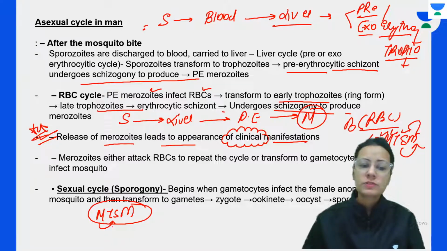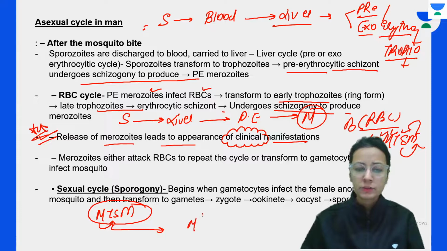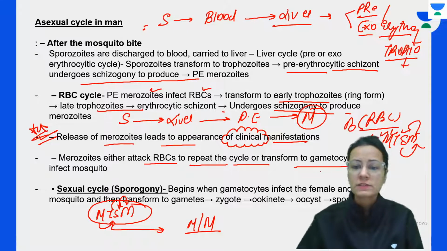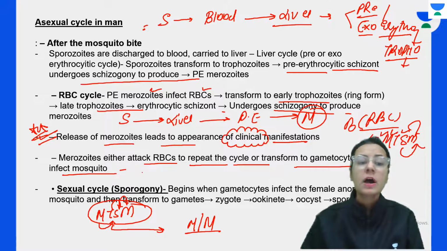The early trophozoite converts to the macro and micro gametocyte, and the late trophozoite converts into the schizont, producing merozoites, and this is how the cycle continues. Merozoites either attack the RBCs to repeat the cycle or transform to gametocytes, which infect the mosquito.